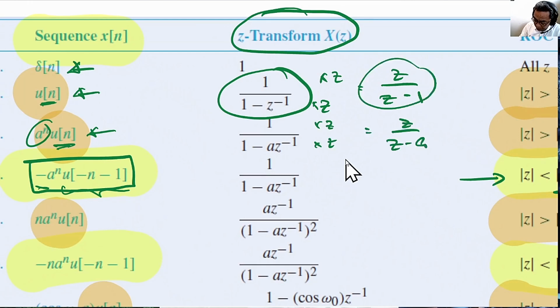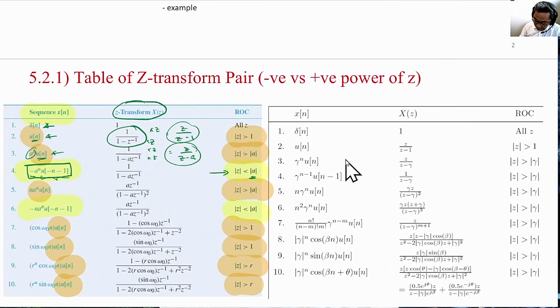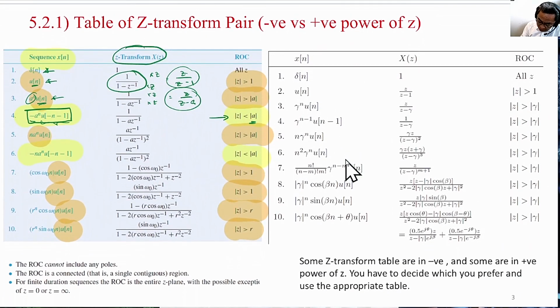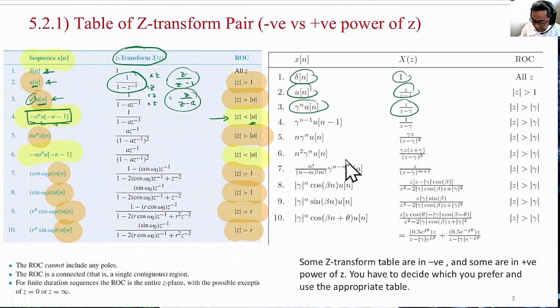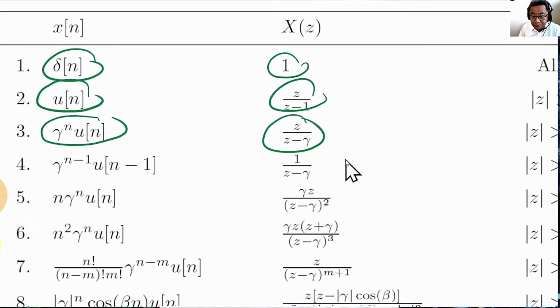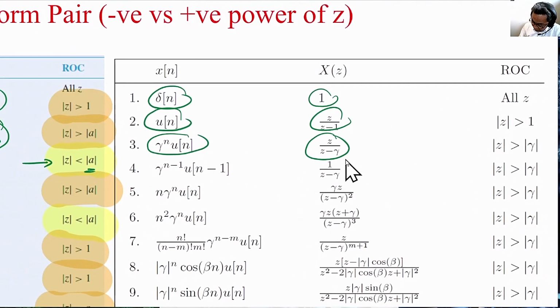Some books prefer to represent the Z transform in the positive power. This is on the right hand side. It's exactly the same. And now you see the different representations of X of Z. And again, you must include the region of convergence in the last column.